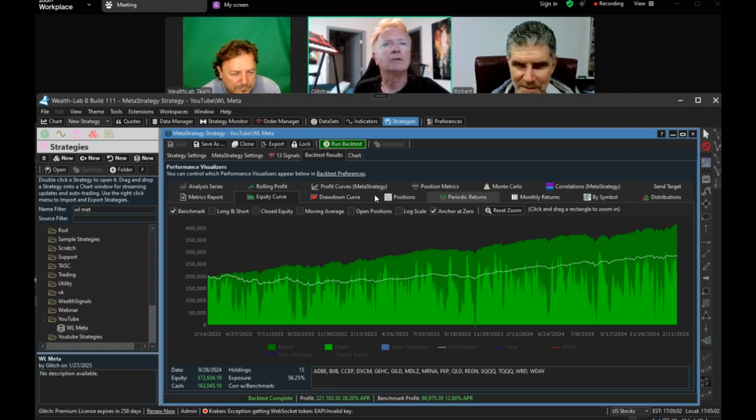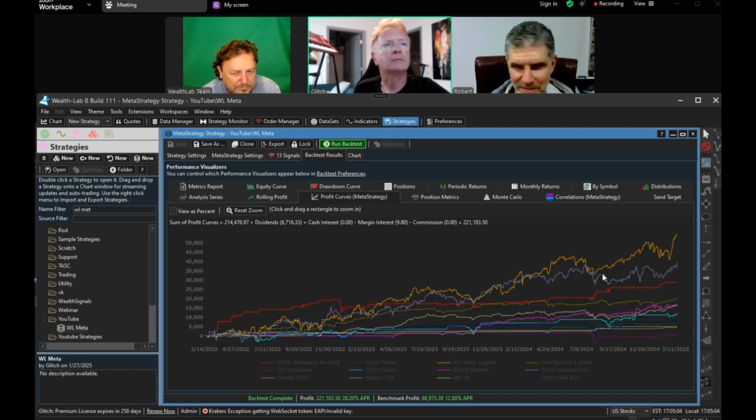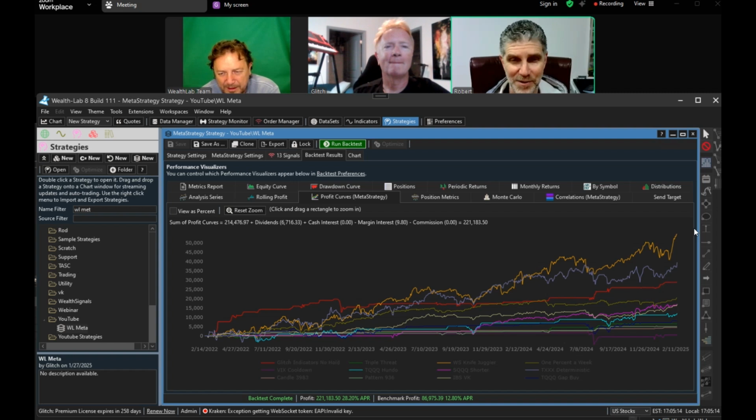Let's take a look at those profit curves. And look at that, it's now trouncing the TXXX. 5% APR. That's a lot extra. It went from, you see, 13 to 18%. Interestingly enough, it influences the result of all the other equity curves.